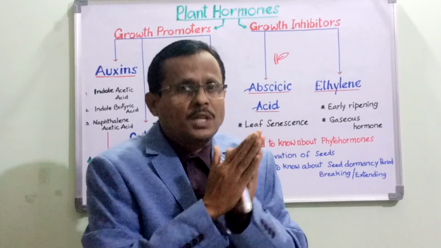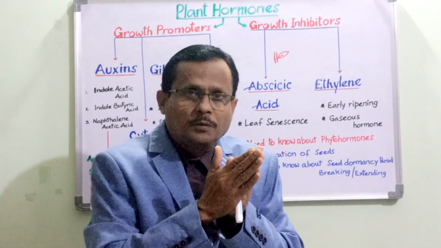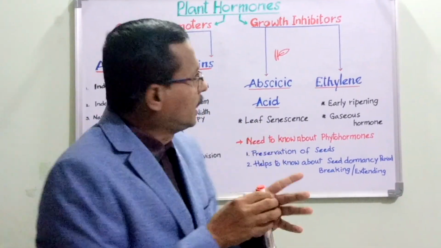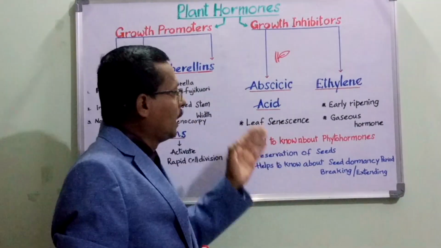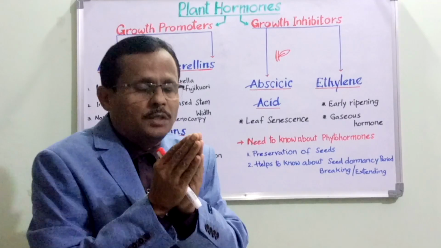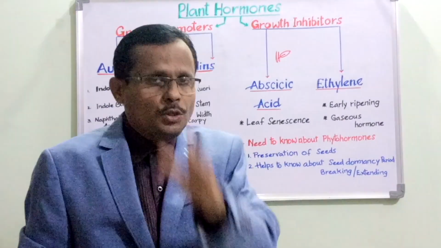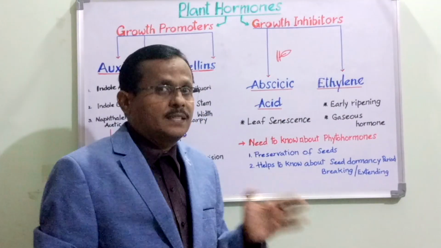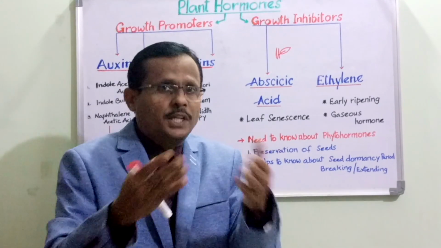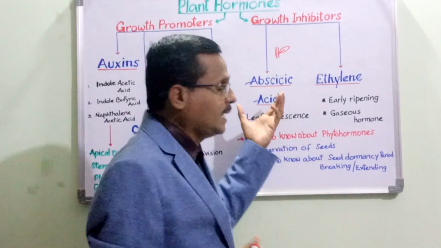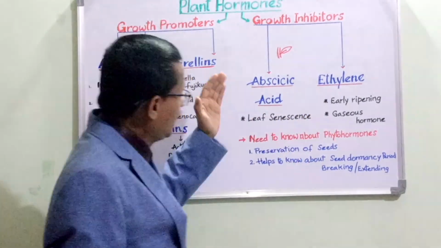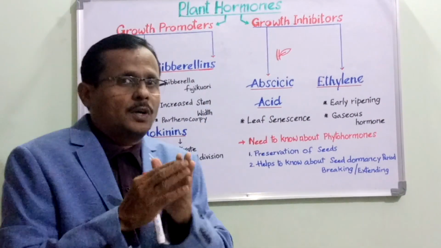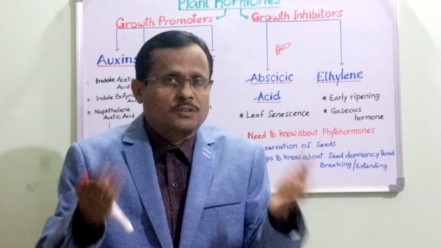So this abscission layer is formed, separating the leaf or the fruit from the plant, and that is the abscisic acid's action in the plants. During autumn we find the leaves falling down, and this is due to the release of abscisic acid seasonally in the plants, causing the shedding of leaves. So it causes the aging of leaves, exactly to say the aging of plants. Abscisic acid is responsible for falling of leaves or leaf senescence.